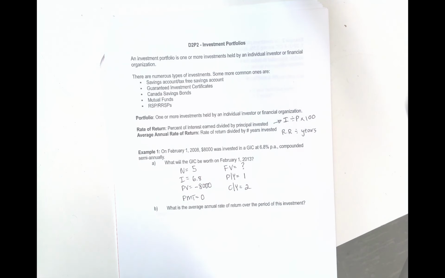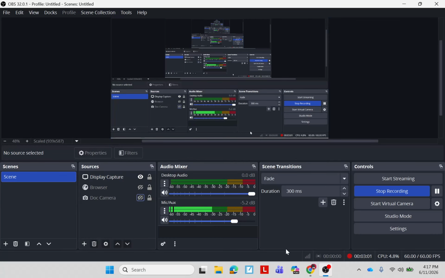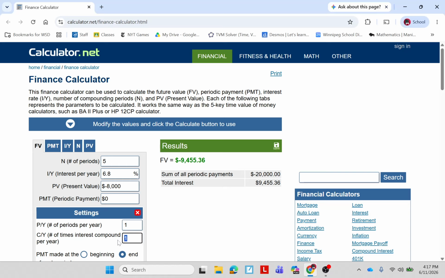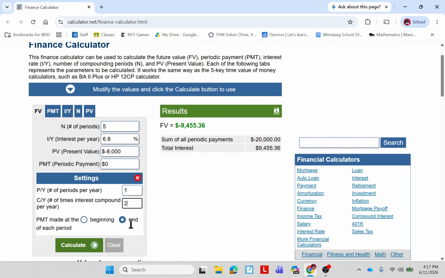All right, so we're going to go ahead, put that into the financial calculator and see what we get. So we're solving for future value, 5 years, 6.8%. We're investing $8,000. We're not making any additional payments. We're making just one payment, and we're compounding it twice a year.